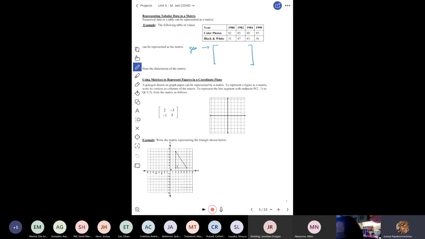The second row would represent color photos. And the third row would represent black and white photos, right? Make sense? Okay, and then my columns would just correspond to that. So 1980, 82, 51. I mean, if it's organized in this way, look how beautiful. Oh, I didn't make enough space.